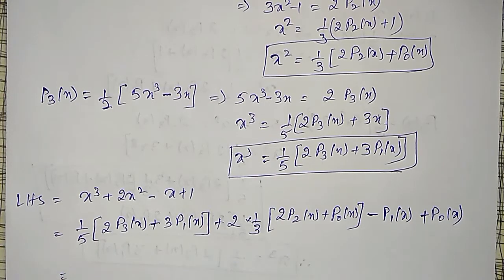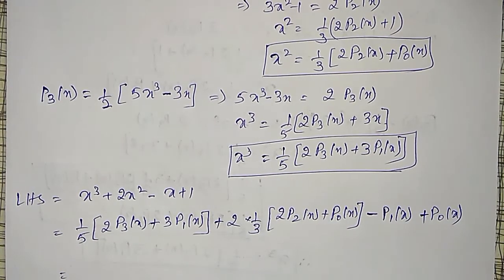From all these, I have to just combine the terms containing P0 of x, P1 of x, P2 of x and P3 of x. Then I will get the values of a, b, c, d.